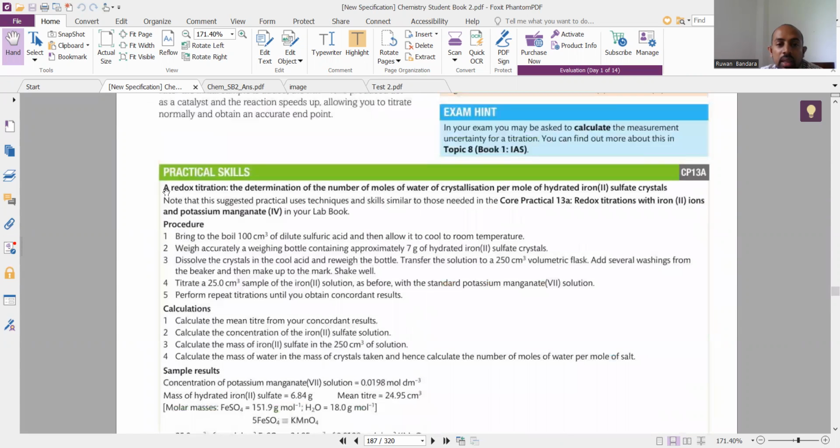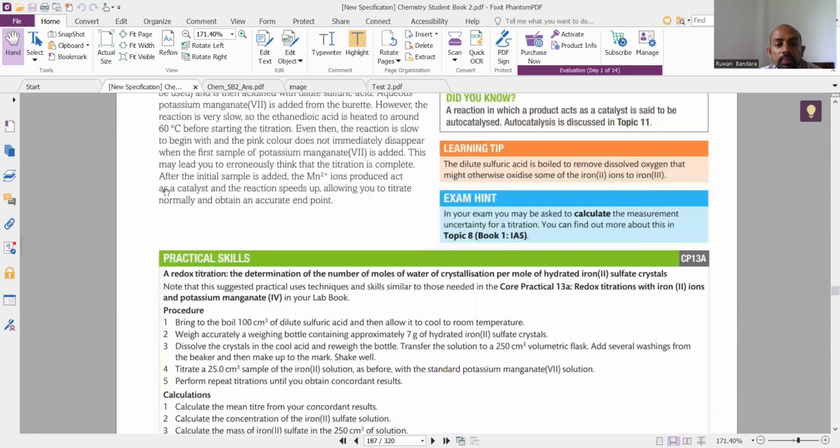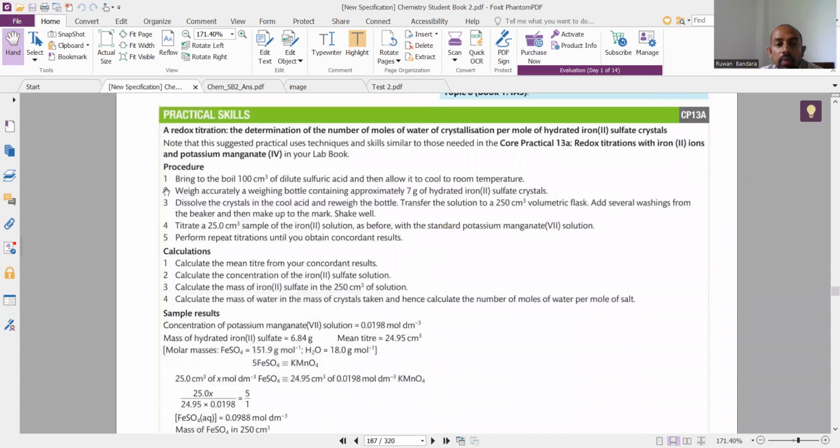Wait, did we discuss this practical? Finding the moles of water of crystallization? Anyone? Did we discuss this one? Ayyo. Pranav, what do you think?